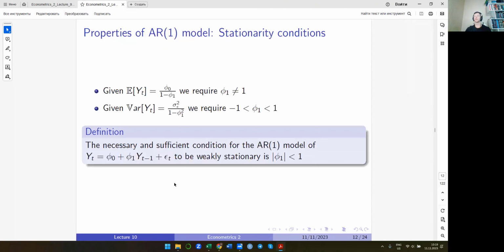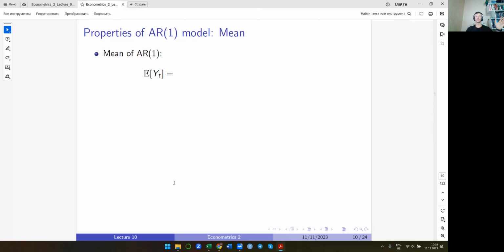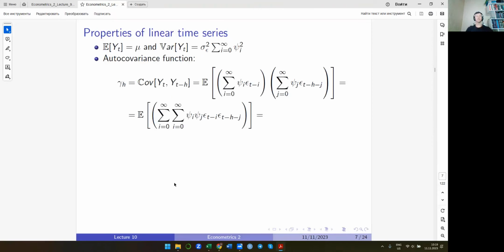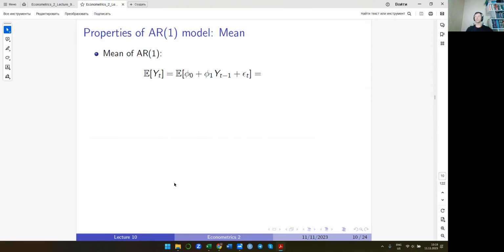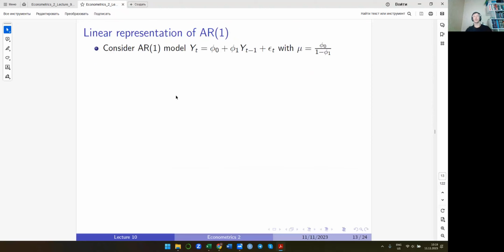Now, we spoke about linear models before in general form. Was here, right? So now, we introduce something new, the AR1 model. Are these two things related somehow? Let's see.